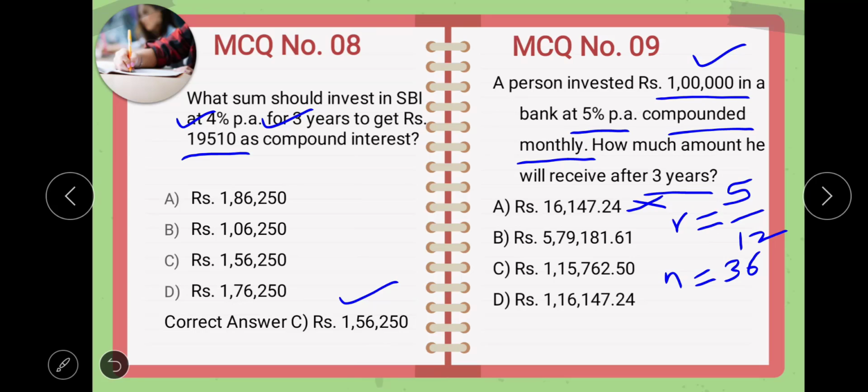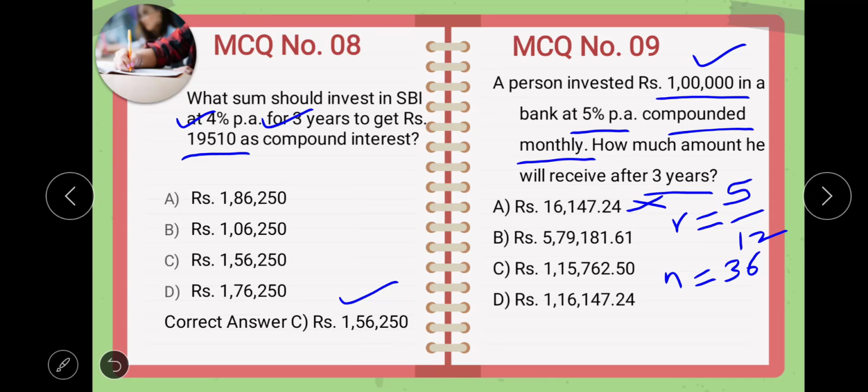The principal is rupees 1 lakh into bracket 1 plus 0.4167 divided by 100, bracket raised to 36. So the value of the bracket will be 1.04167, raised to 36.